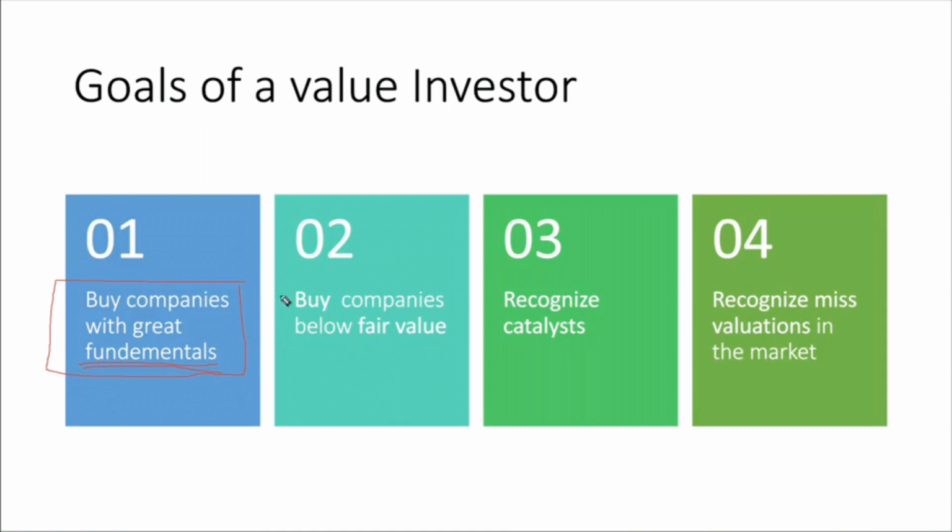The second one is buying companies below your estimated or calculated fair value and recognizing catalysts that drive up the price, as I already said, to make gains from that. You also want to recognize misvaluations.